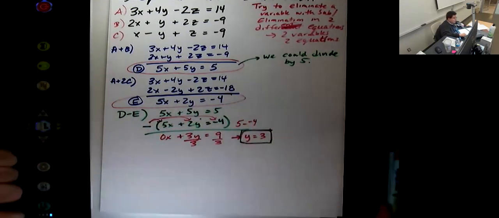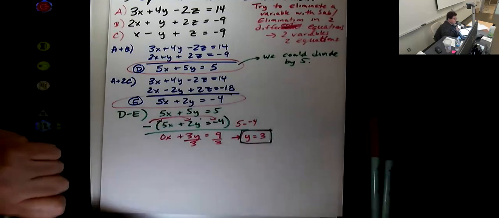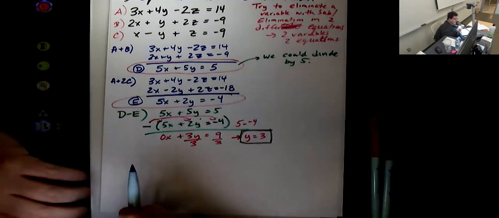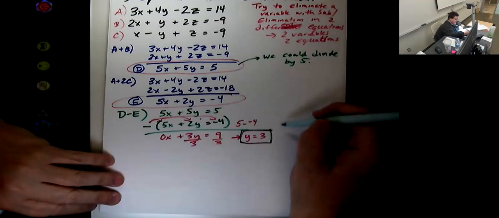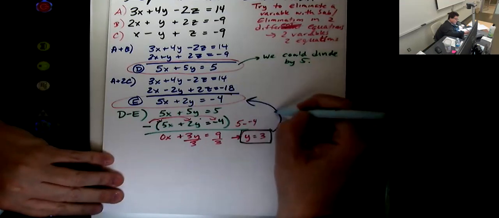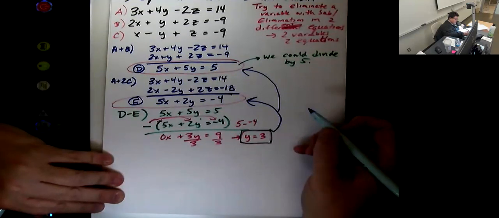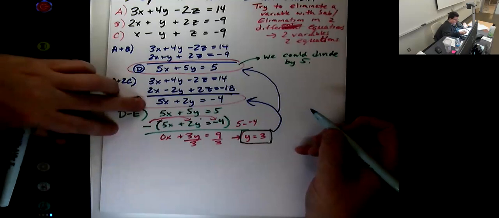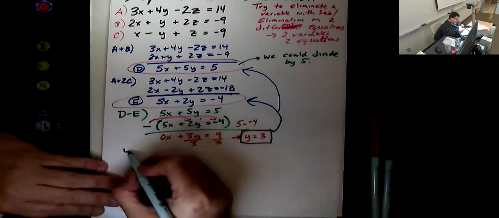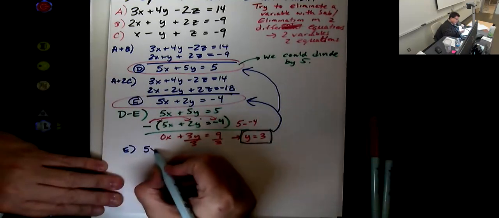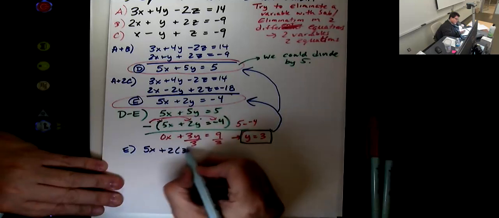Then you start working backwards. As soon as you have one of the solutions, take it and plug it into either D or E, here or here. I don't know, I'll plug it into E. I have 5x plus 2 times 3 equals negative 4.